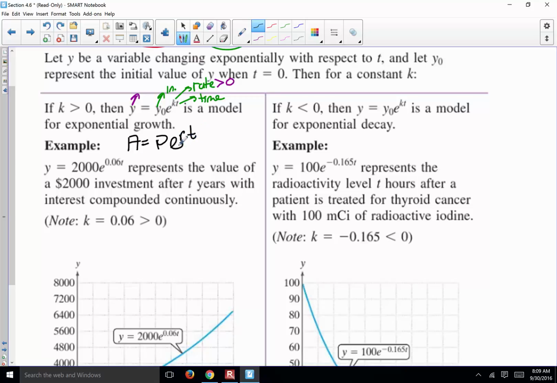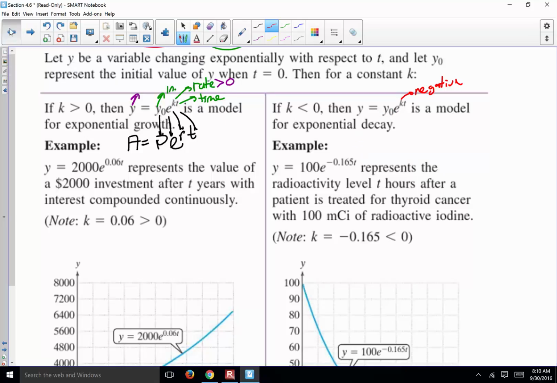In interest, PERT, but it's the same. Initial, e, rate, time. They just went with a name change, a letter change. The letters change, but the equations serve the same purpose. If this number is negative, then your material or population is decaying, getting less and less.